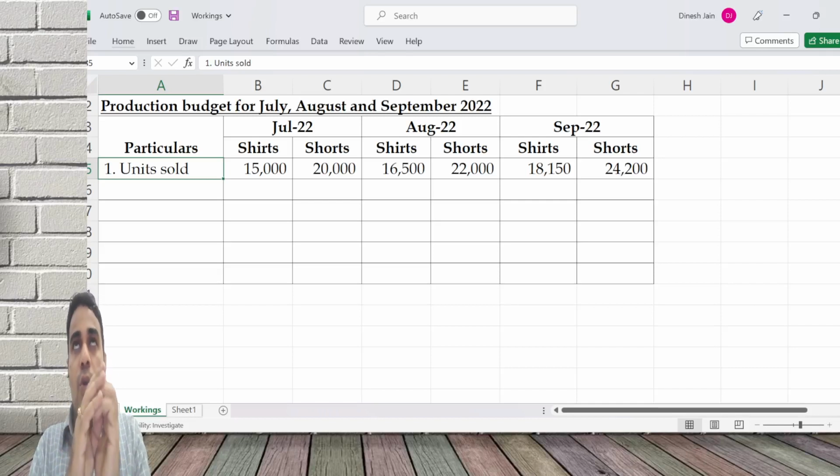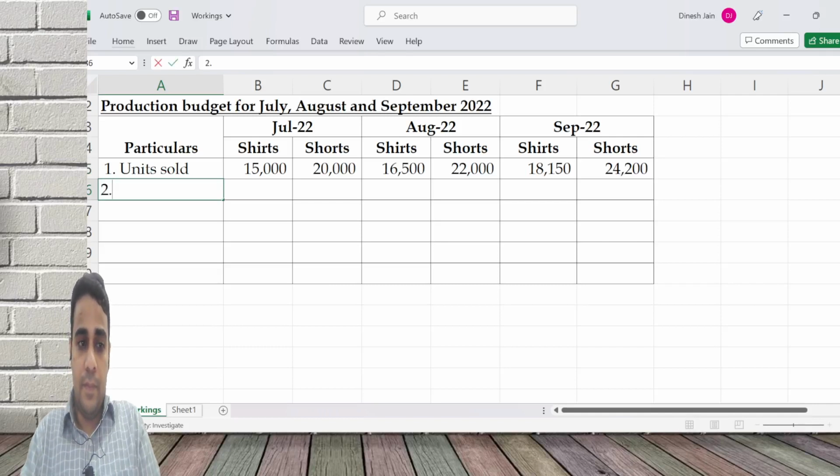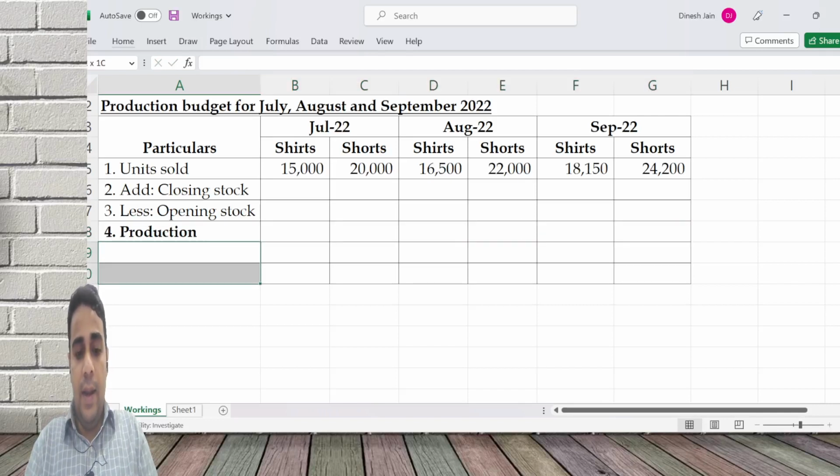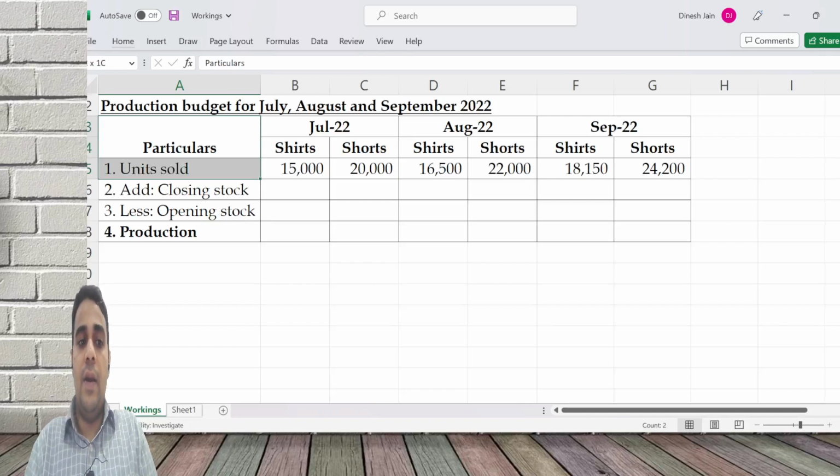Please write units sold, add closing stock, less opening stock, and we get production.